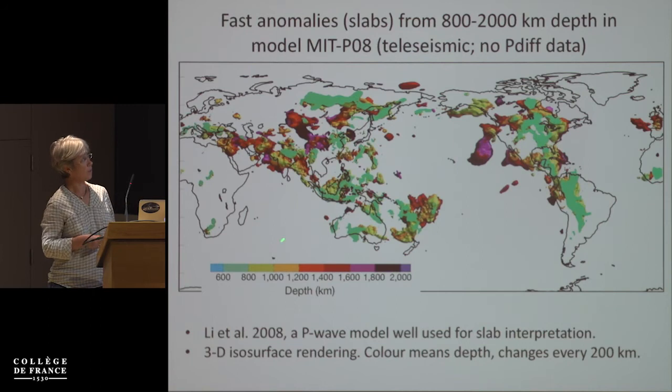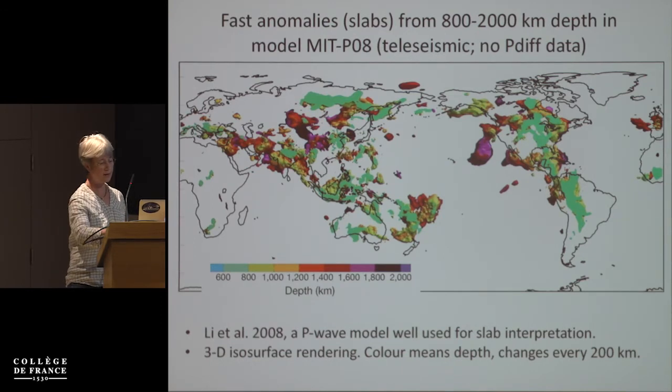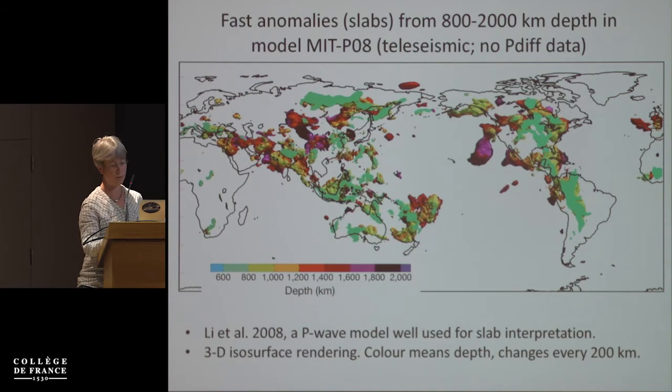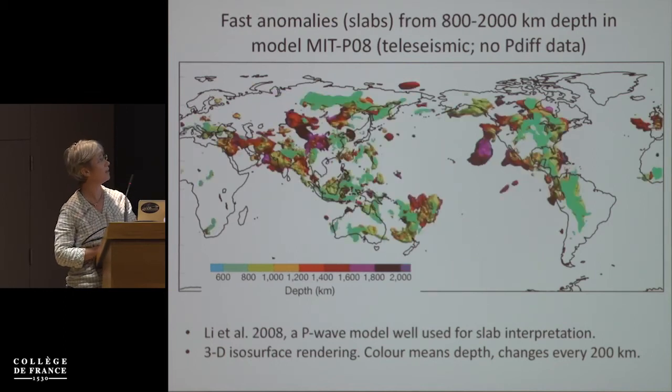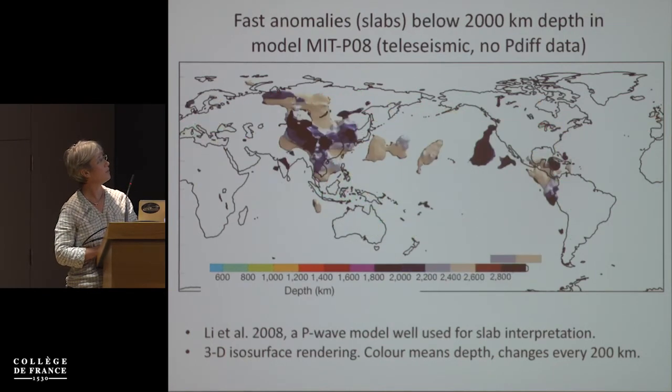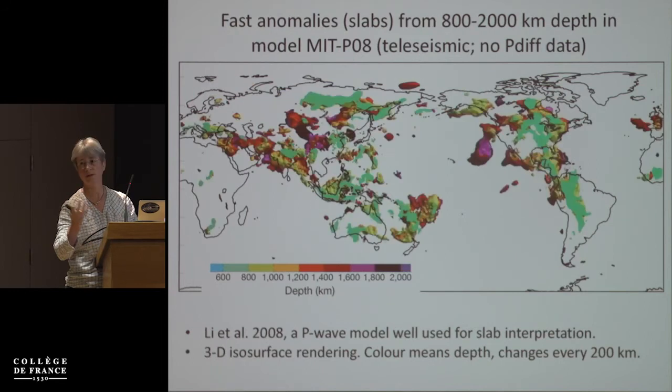And what you can see are the Mesozoic orogenies, basically, so the Tethys orogens and the American Cordilleras. And now I'm going to look at the lower third of the mantle in this MIT model. And you can see that by comparison, it almost goes blank. And also the anomalies aren't as elongated anymore. They get more blobby.